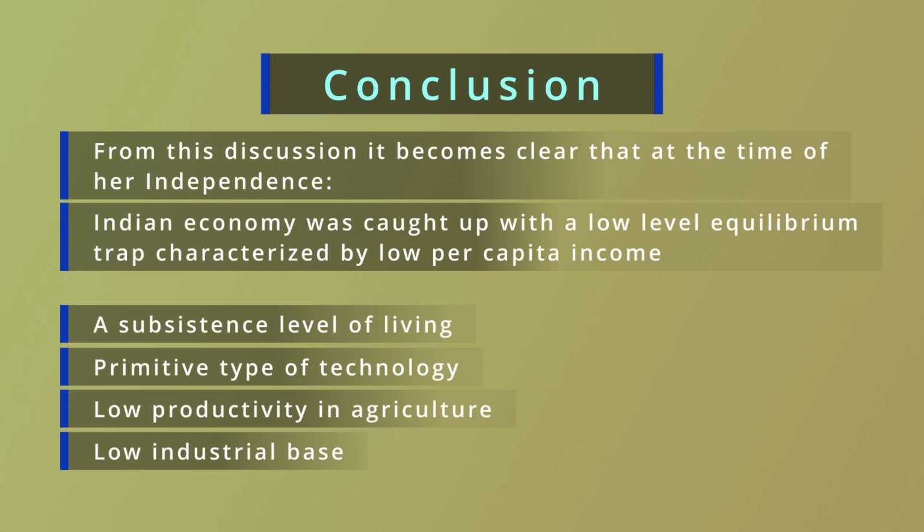Why? Because of low per capita income, low savings, low investment, poor agriculture, primitive technology, and the industrial base was also at a very low stage. What is more important, infrastructural facilities were also not very much developed.